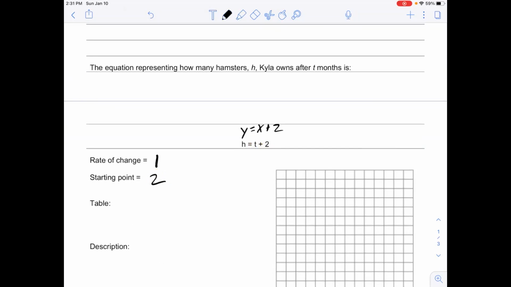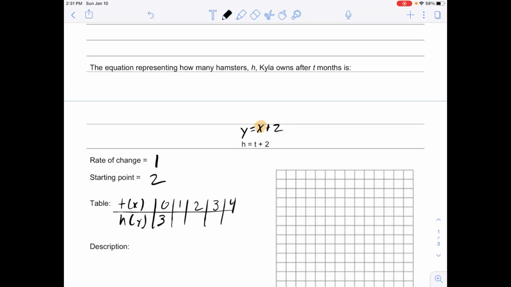Now I can make my table for t, which is x, and h, which is y. And just like before, I'll just do 0, 1, 2, 3, and 4 for my x, for my t. All right, so at 0 months, I would do 0 plus 2.